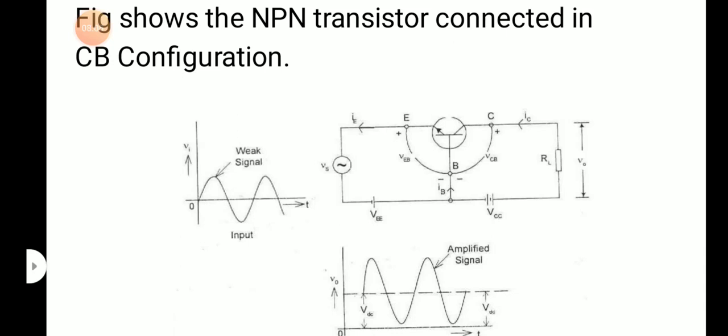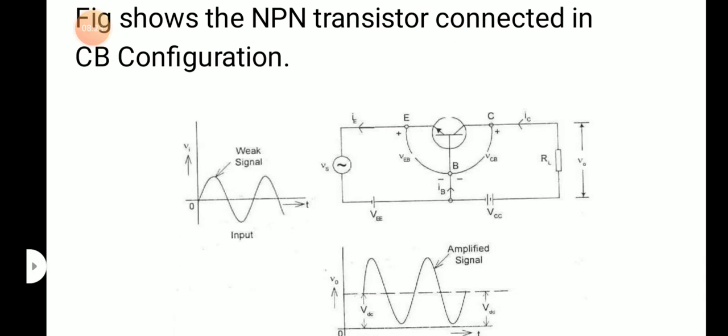Saturation means if the emitter junction and collector junction are both forward biased, that condition is called the saturation condition, and it is nothing but an on condition. It acts as a short circuit.